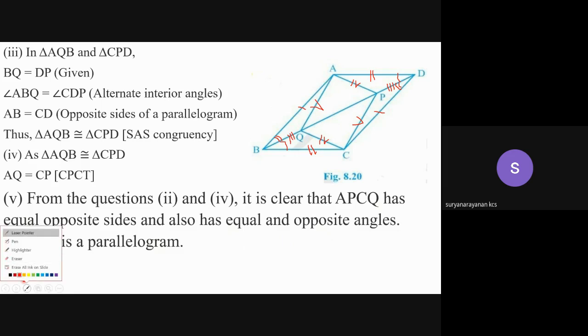Okay, my children. Right. See question number 10.